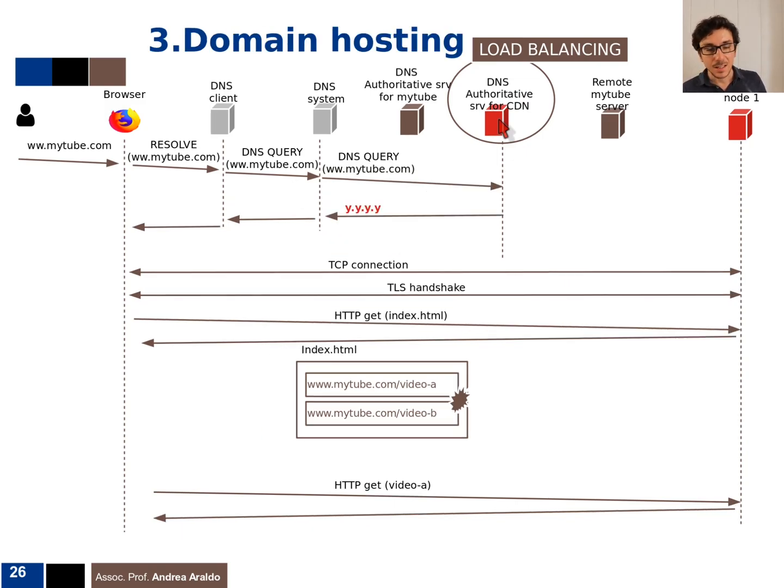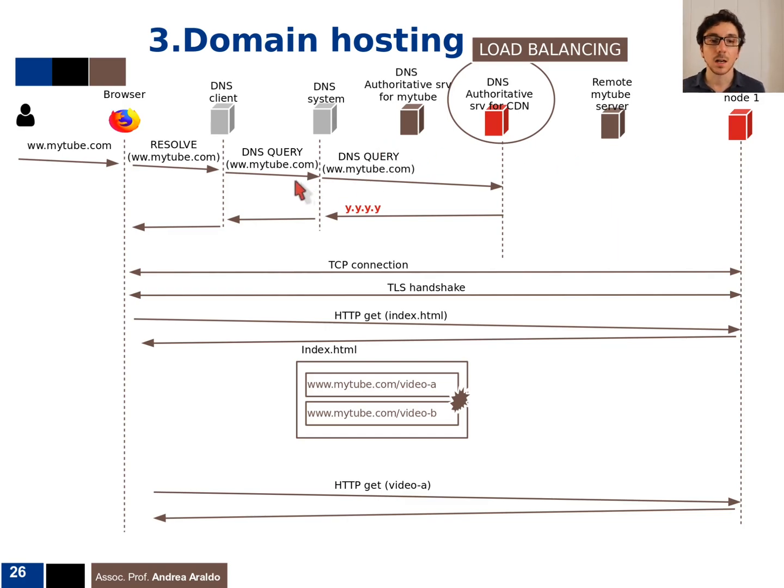There is another technique that is even easier for the MyTube server, called domain hosting. Observe already that here not only the MyTube content server doesn't do anything, but also the authoritative DNS server of MyTube doesn't do anything. So actually MyTube is not doing anything here.